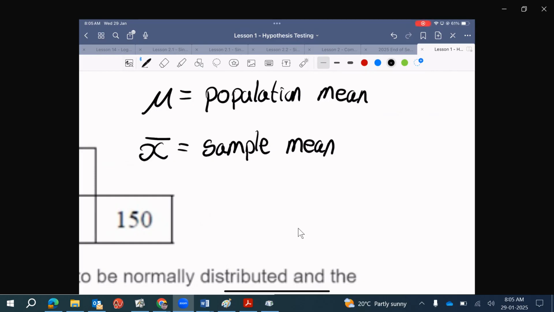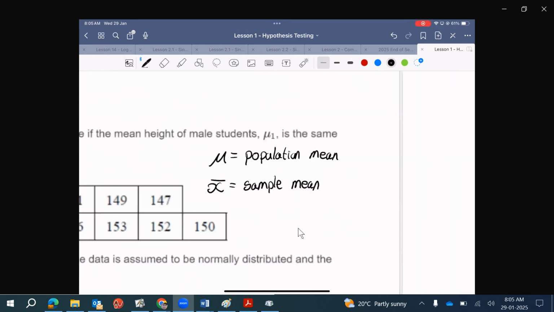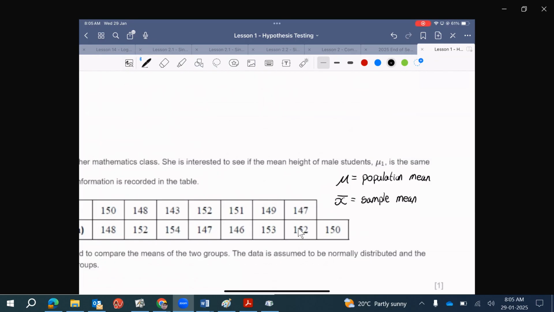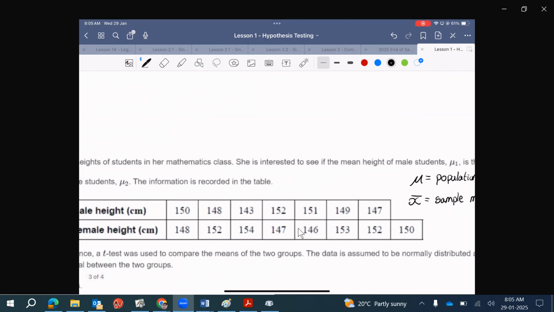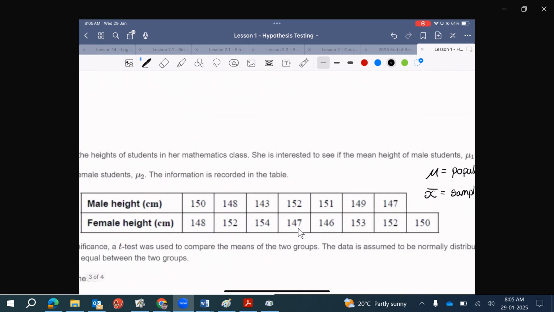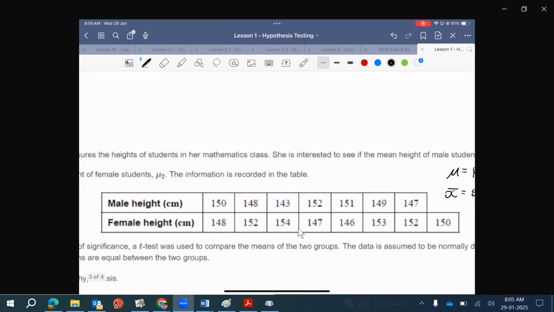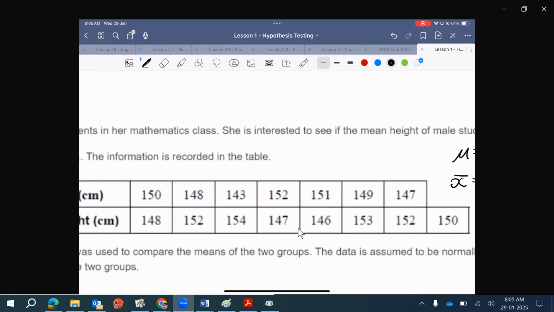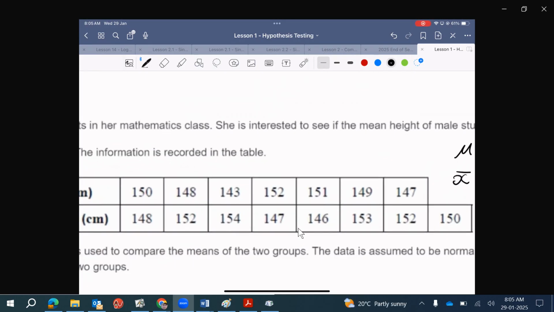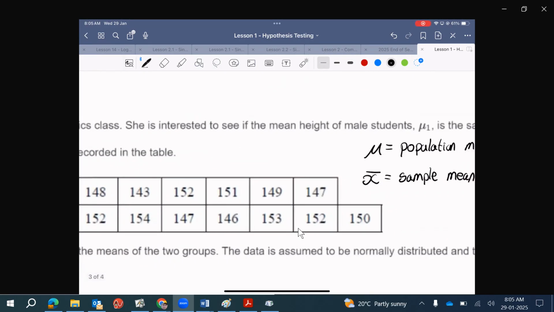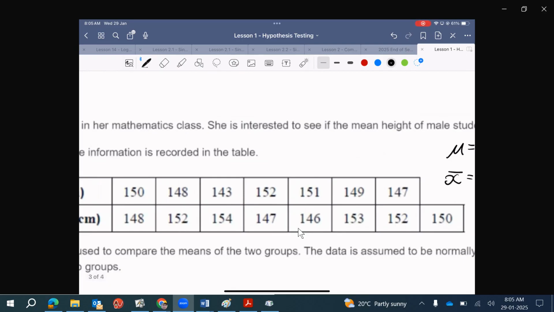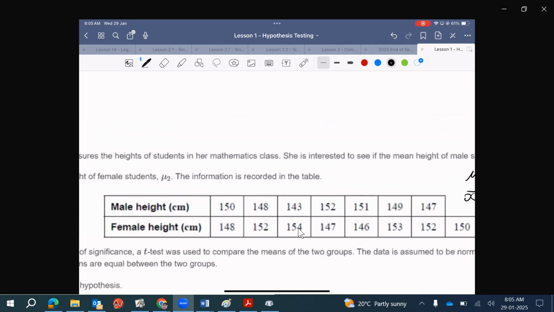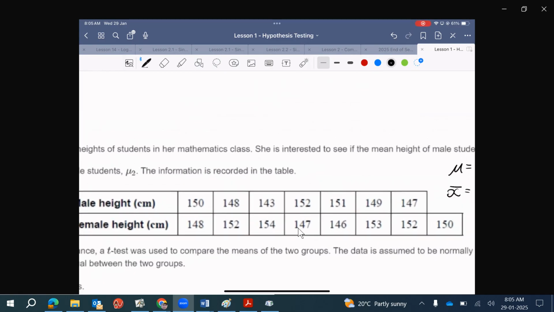Vivian. No, it relates to basically the data that's been collected. So the teacher is looking at the heights of students in her class. Because this is mu1, that means that she has 7 boys in the class and 8 girls.